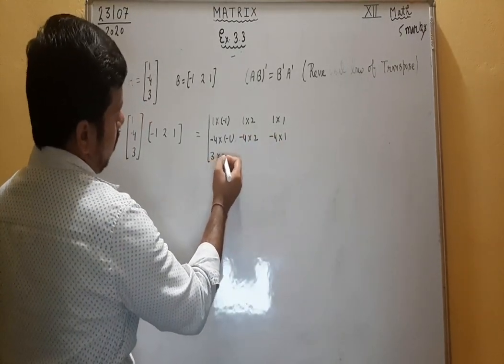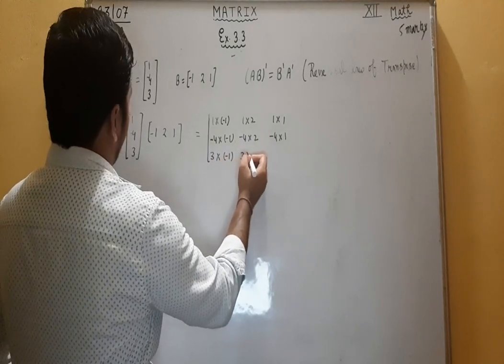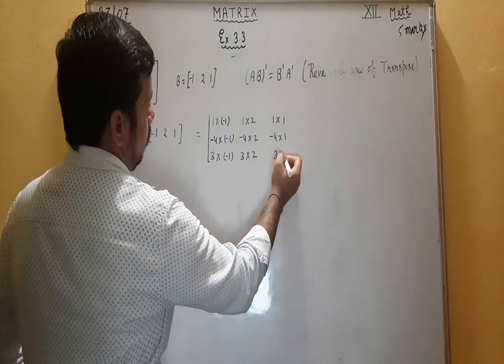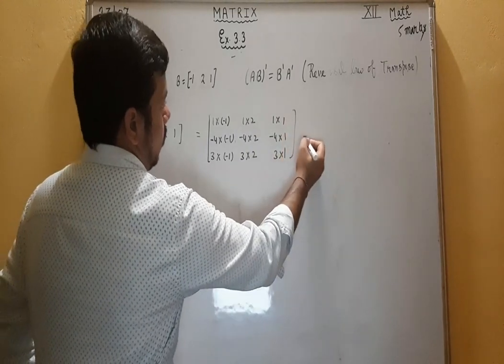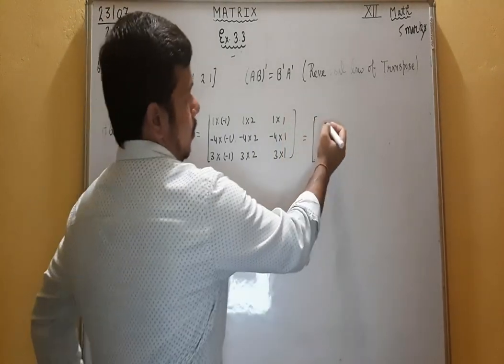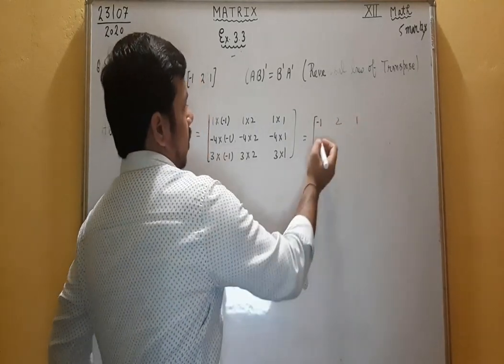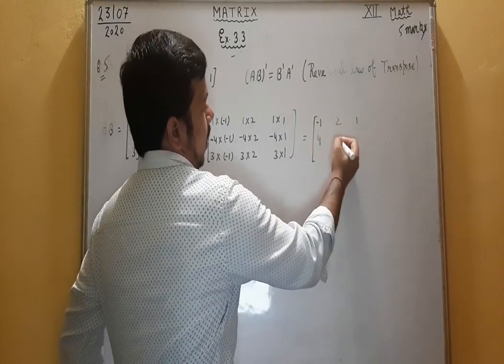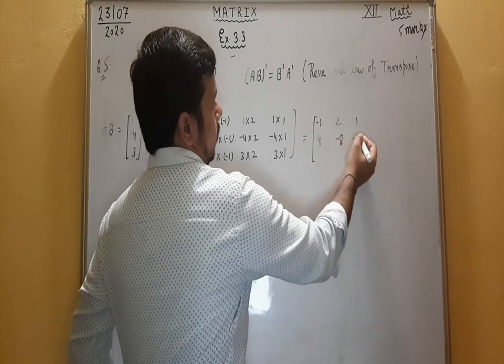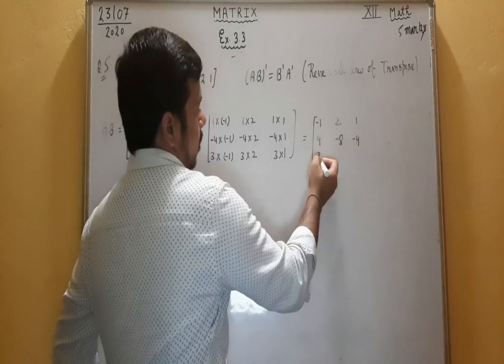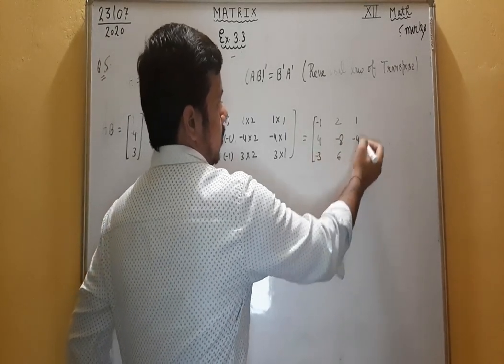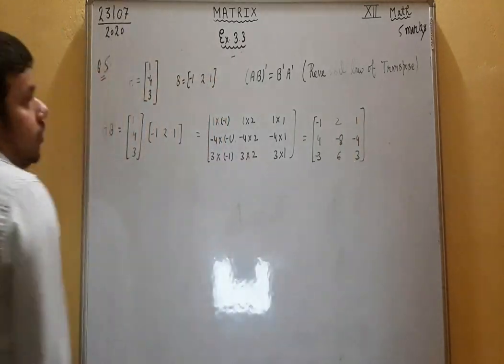Third row, first column: 3 into minus 1, 3 into 2, 3 into 1. So what will be the value? Minus 1, 2, 1; 4, minus 8, minus 4; minus 3, 6, 3, right? This is the value of AB.